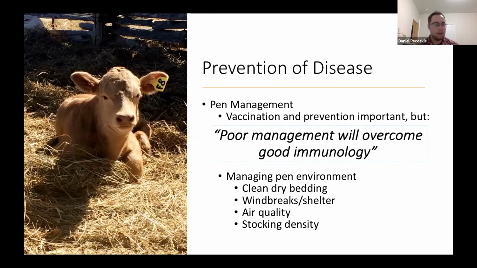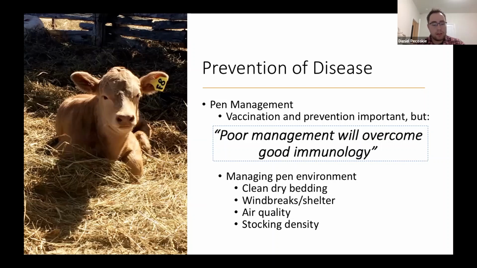Like I said, cattle tend to like clean, fresh, cool air. Sometimes in Ontario, if they're under a bank barn, we try to make sure that air quality is good. In terms of windbreaks, we reduce drafts as much as we can while still maintaining air flow to keep air moving through the facility. And stocking density for sure.